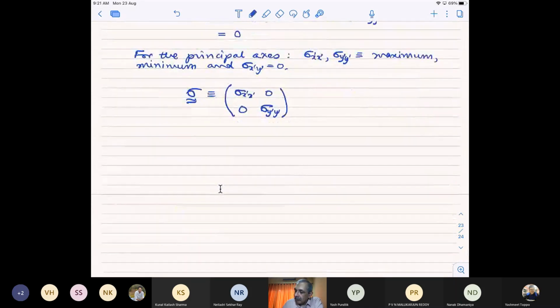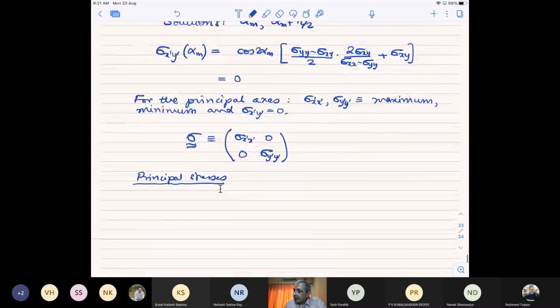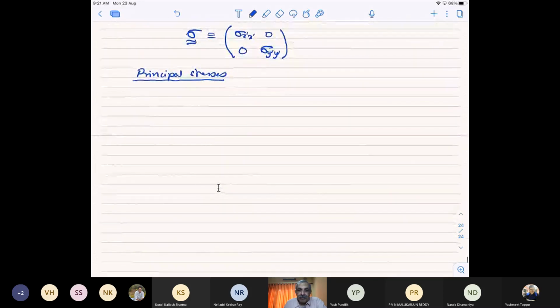So the next thing is the principal stresses, which are the maximum and minimum values of the stress. We already know that we can easily find this, but we'd like to get a simple formula just in terms of sigma xx, sigma yy, and sigma xy.